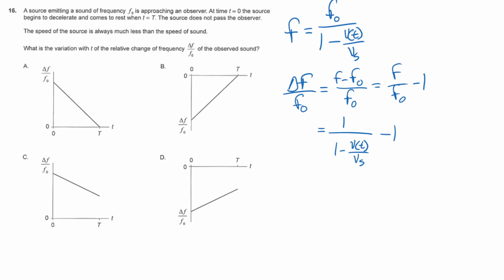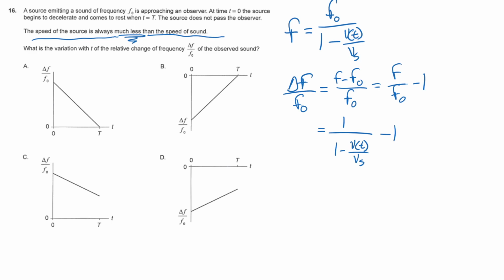Now, an important part of the problem is that we're told that the speed of the source is always much less than the speed of sound. What this means is that this part of our equation is always going to be much, much less than 1. And what that means is that we can approximate the expression, right?